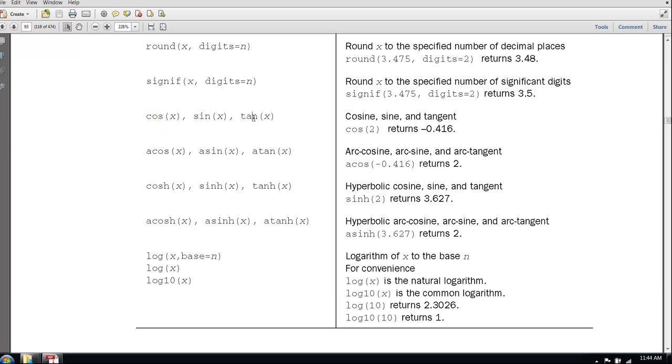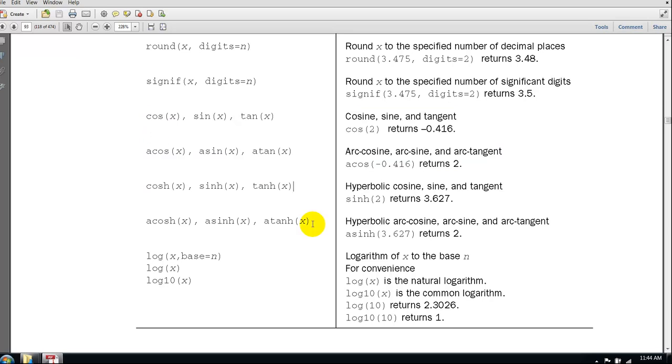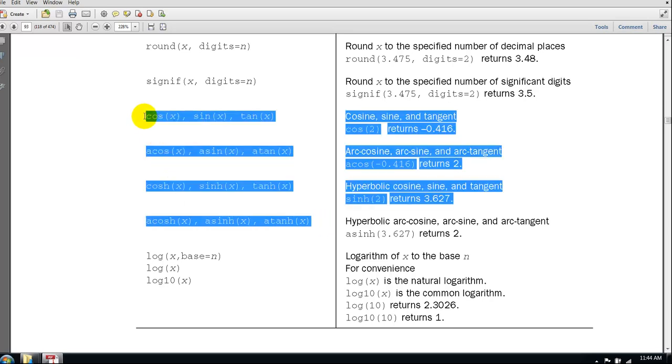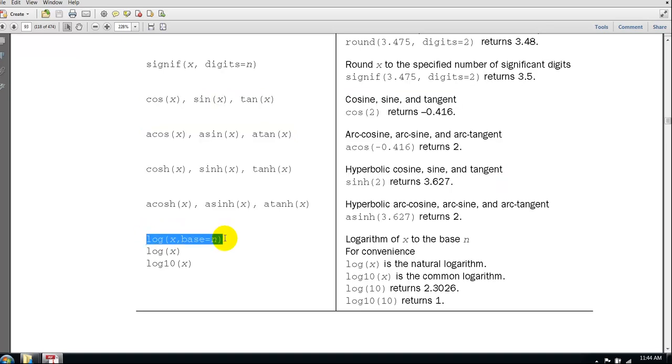And cosine, sine, and tangent, arc sine, arc cosine, arc tangent, hyperbolic cosine, these are just functions. I don't know if we're going to need them. I'm surprised we're going to need them, but I don't think we will. But anyway, those. And then there's log of x base n, and log of x, which is the natural log.